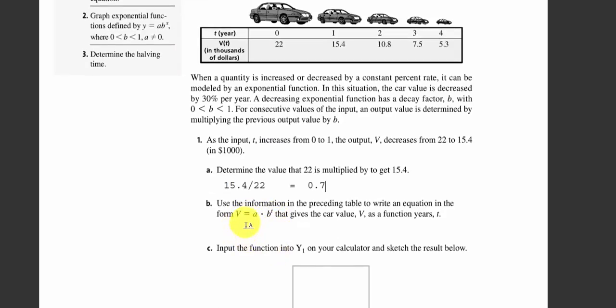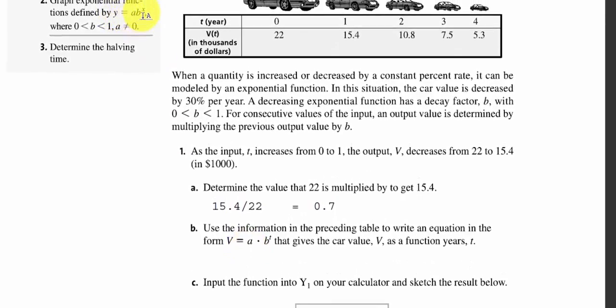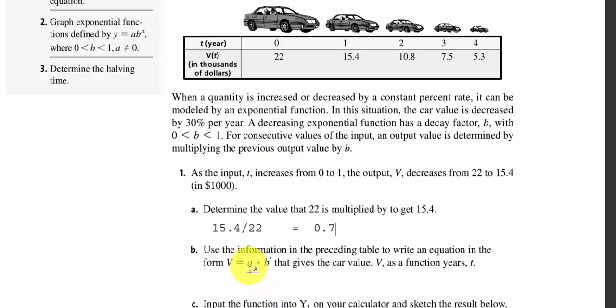So remember, a always represents the initial value. So in y equals ab to the x, the a is the initial value. So what's the initial value of the car? 22, in thousands, 22,000. So we know what the letter a is. b is our growth or decay factor, and that was found by dividing successive outputs. So the successive ratio was 0.7.